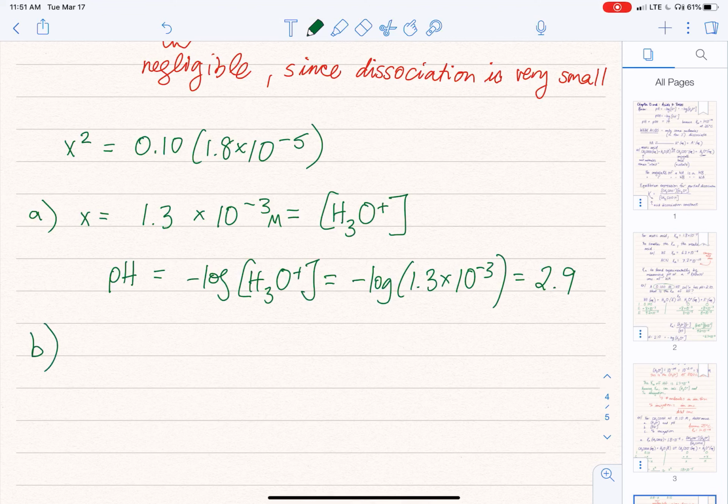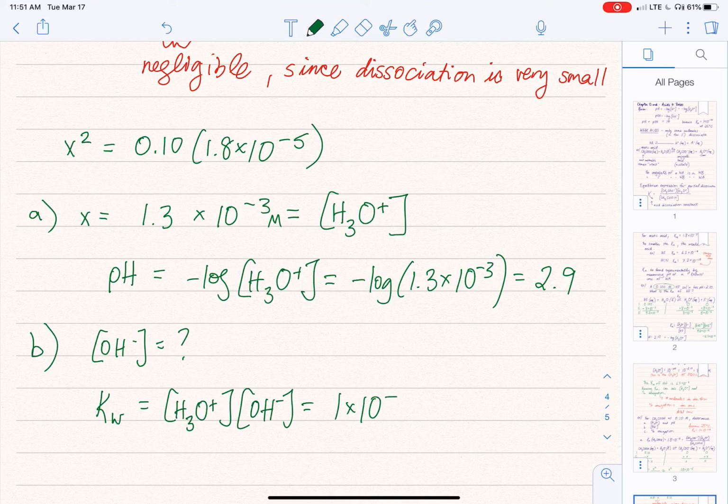Now for part B, I had asked you guys to get the hydroxide concentration. So hydroxide concentration is what? Well, there we need the ion product constant. So Kw tells us that the product of hydronium and hydroxide is equal to 1 times 10 to the minus 14.